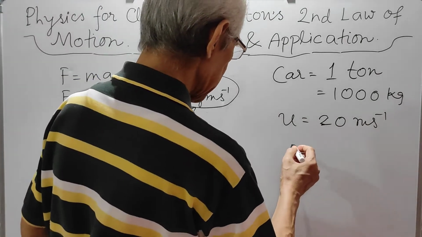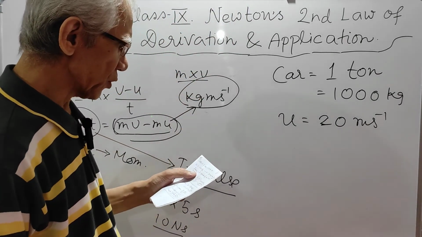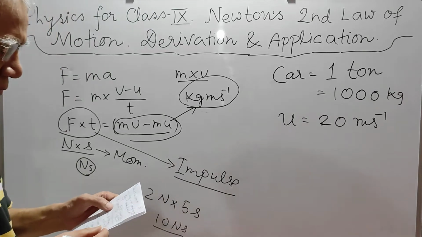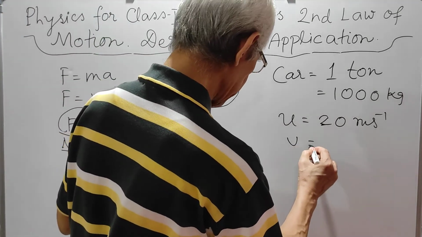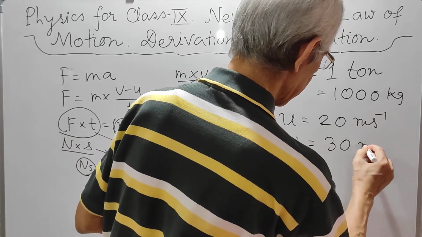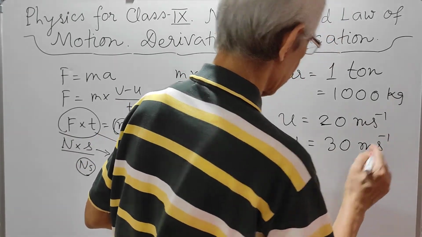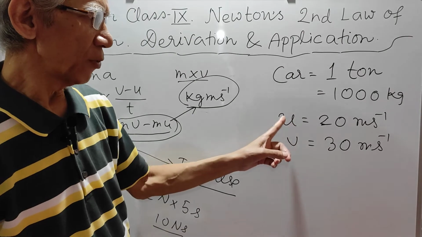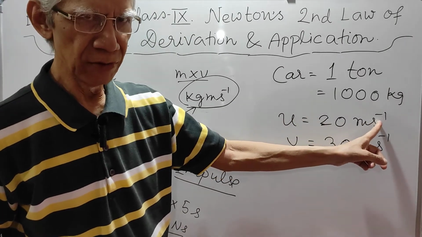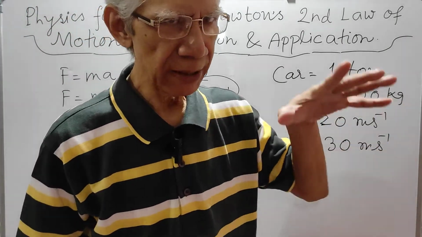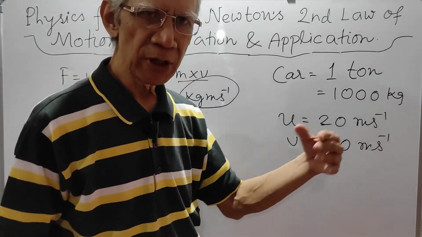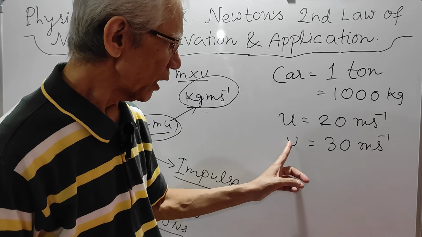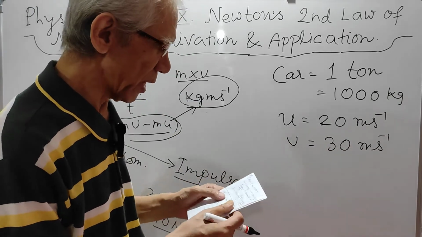That accelerator is applying a force constantly on the car, which you have to find out, and the final velocity becomes 30 meter per second. So the car was moving with 20 meter per second uniform velocity. Then the driver has pressed on the accelerator, so the velocity will gradually increase. After some time, the velocity has become 30 meter per second.